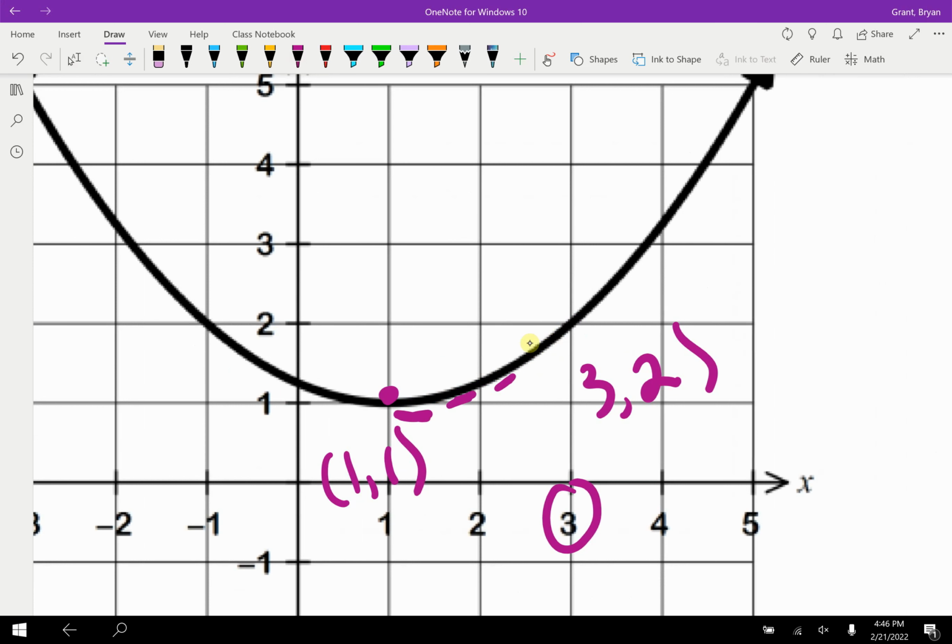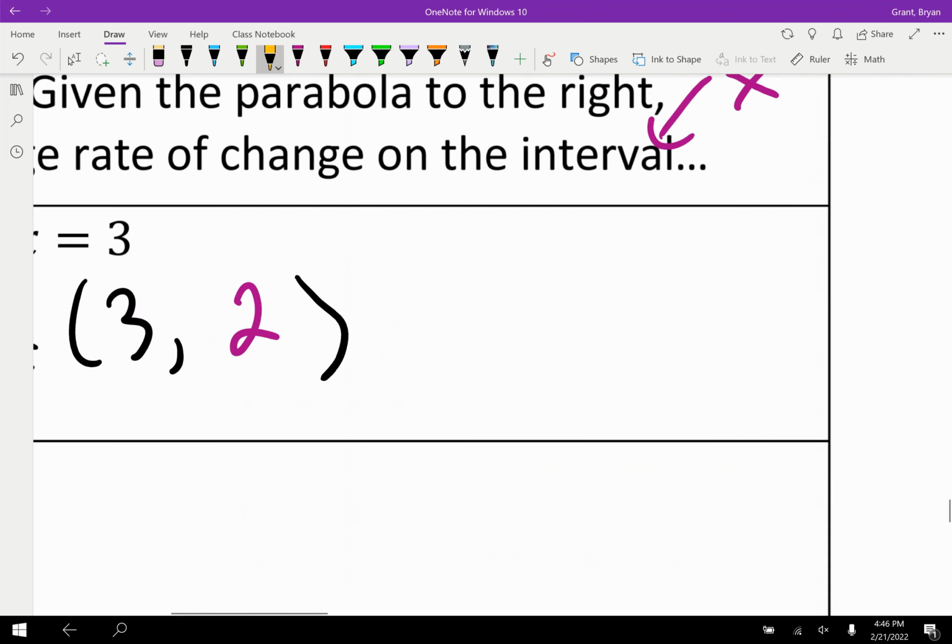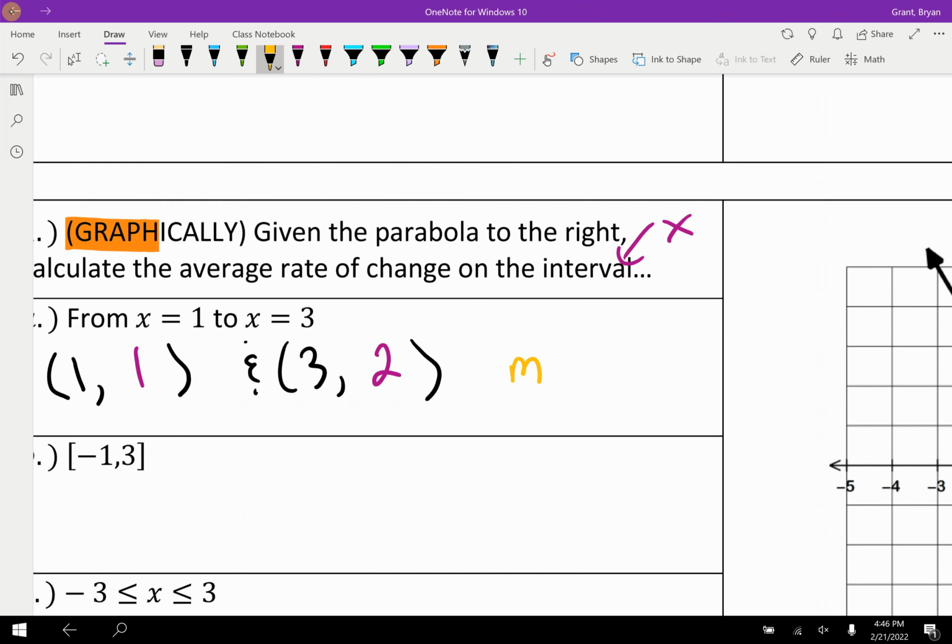The average steepness is kind of like the steepness in the middle, but it won't be exactly in the middle. And the way we do that is how we always calculate slope from a graph. We just count the rise and the run. Looks like we rise up 1 and run over 2. And so our average rate of change here is 1 over 2.